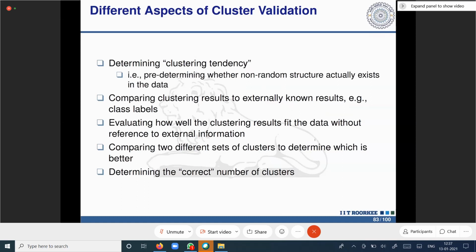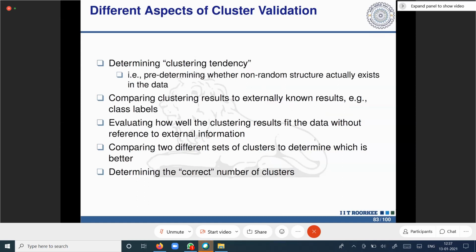So, the different aspects of cluster validation. The first one is determining the clustering tendency. That is, we want to find whether the data has clusters or not before applying the clustering algorithm. That problem is called clustering tendency.